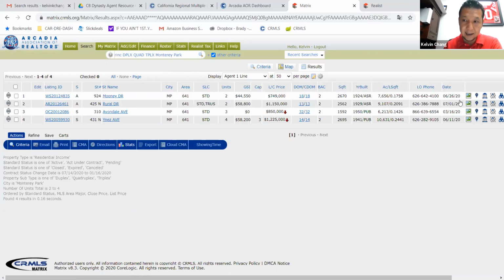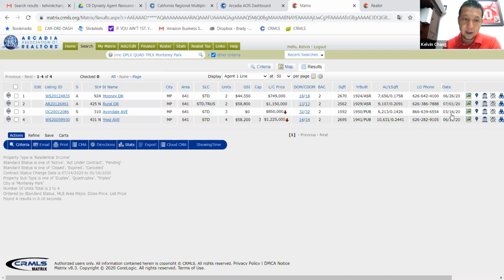I could also see, did they come out pre-COVID, during COVID, or after COVID? Because I have to understand this as an analysis. You know, sold properties before COVID, they might have been lucky and sold right before all the shutdown. So all of these are 2020 comps.